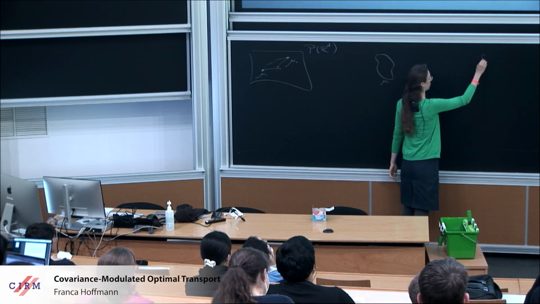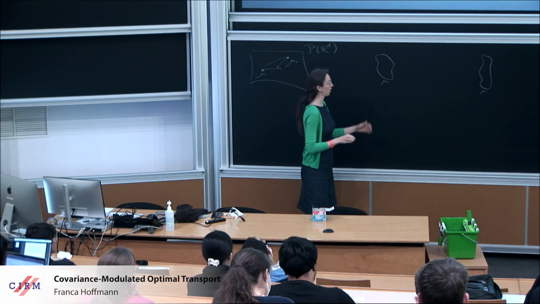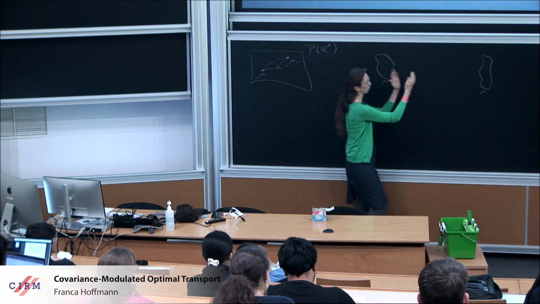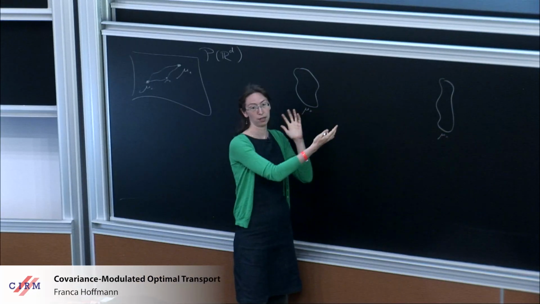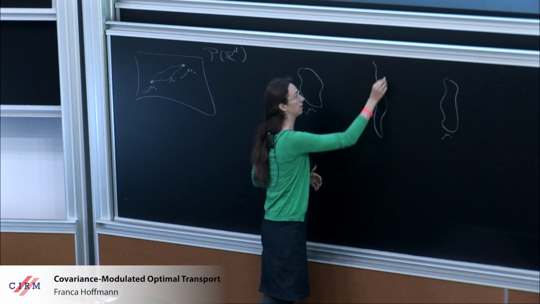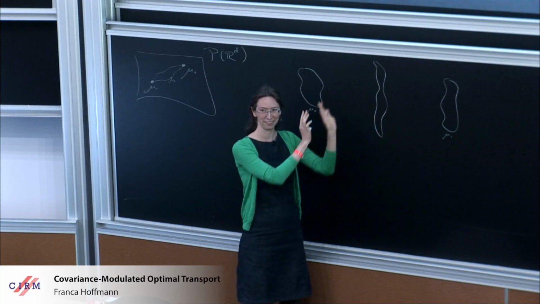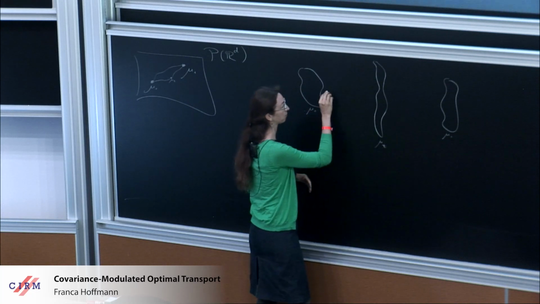And then I have my distribution mu1 that looks something like that. And now as I transport from mu0 to mu1, the shape of this distribution is changing, of course, right? So let's say in the middle I have something like that at some point. I mean, it might not be that, but let's just assume it looks something like this. So this would be mu_t.